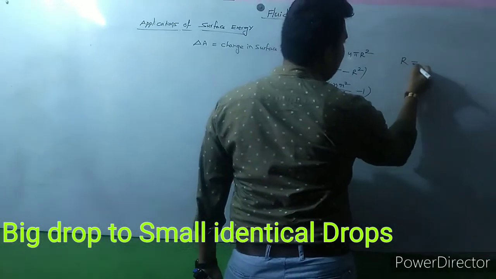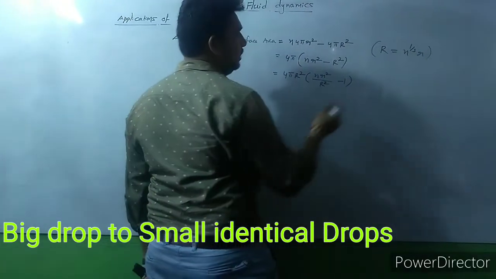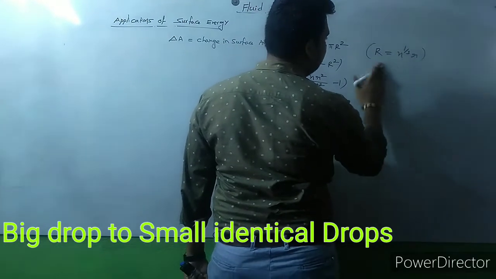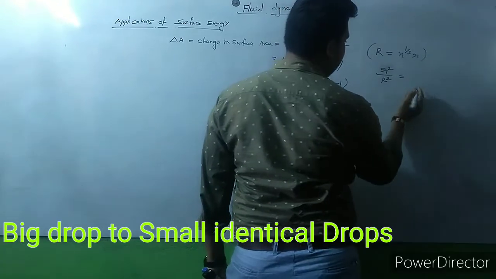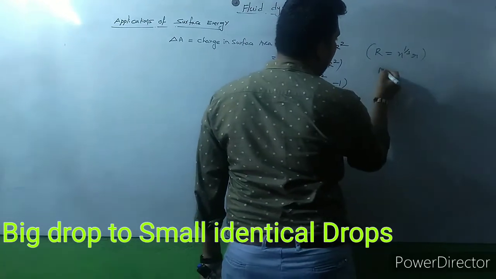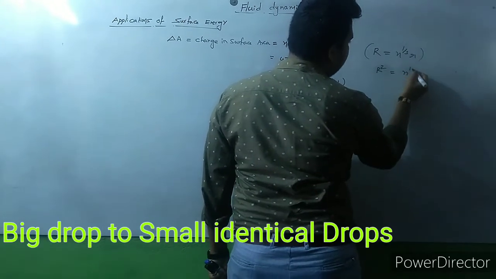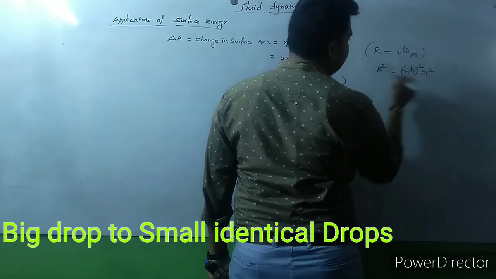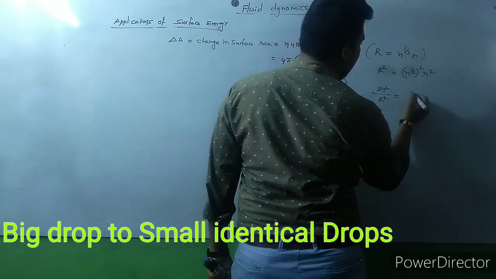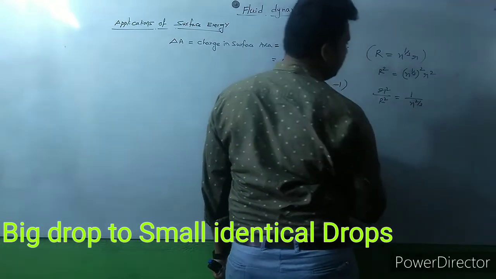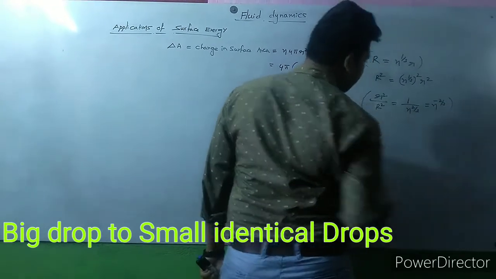Here we know that capital R is equal to n power 1 by 3 into small r. So r square by capital R square is equal to 1 by n power 2 by 3, that is n power minus 2 by 3.